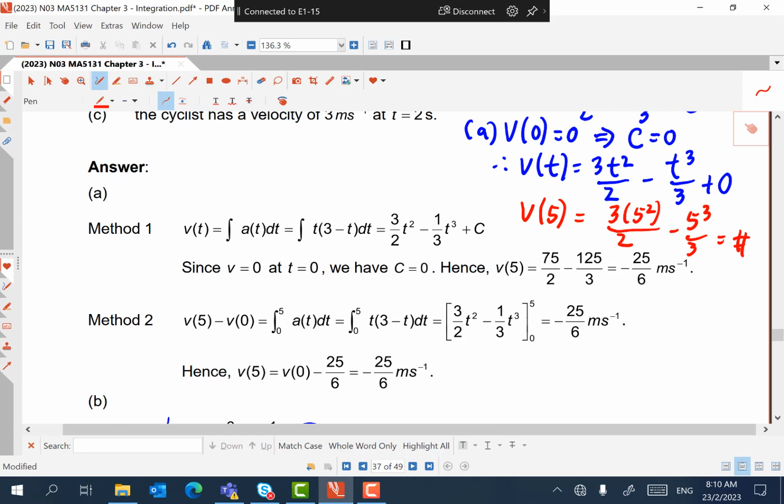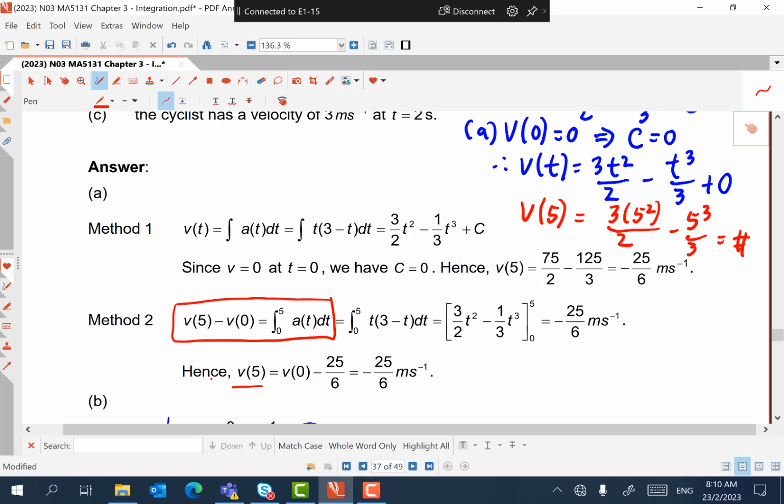In the first theorem, you want to realize that this is already a known statement. From this known statement, we can then work out the velocity at t equals 5 immediately without having to first find the constant c.